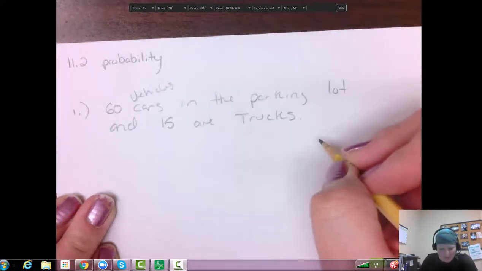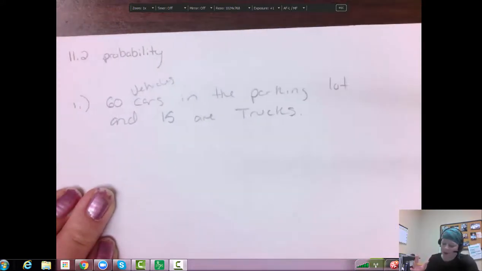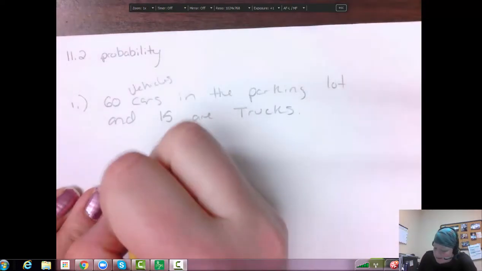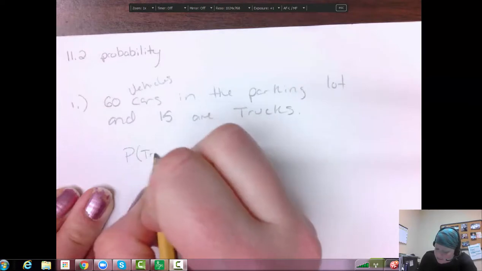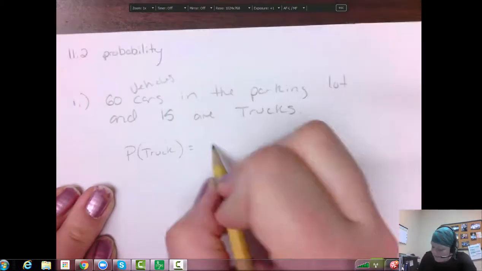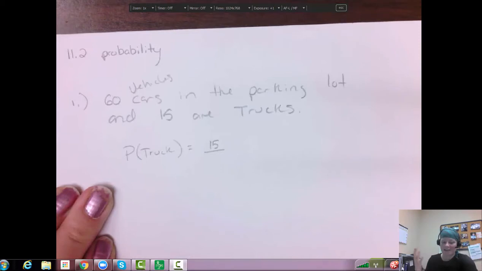If I walk out there and grab a car, what is the probability that it's a truck? So I'd write that as P of truck. Well, how many trucks did I see? I saw 15. How many total cars were in that?